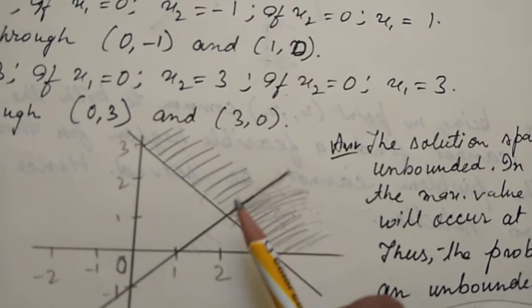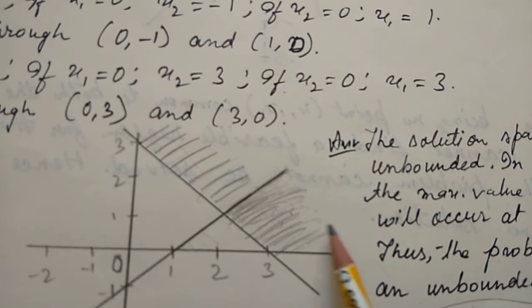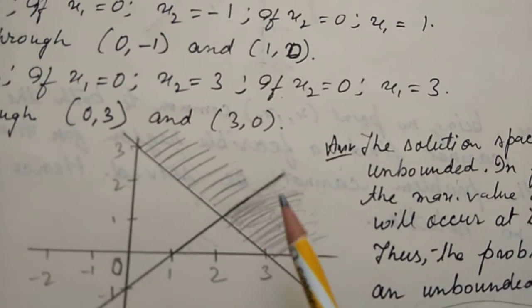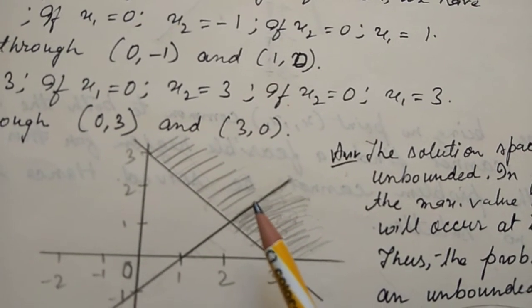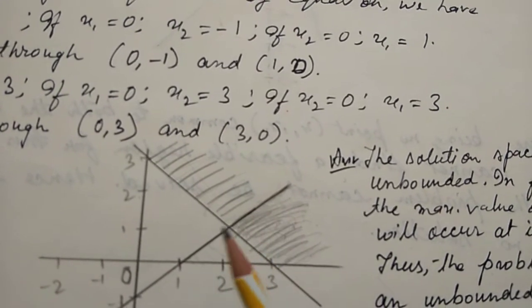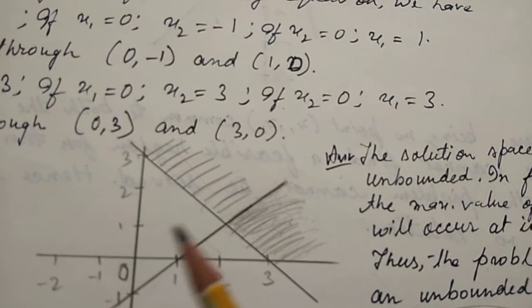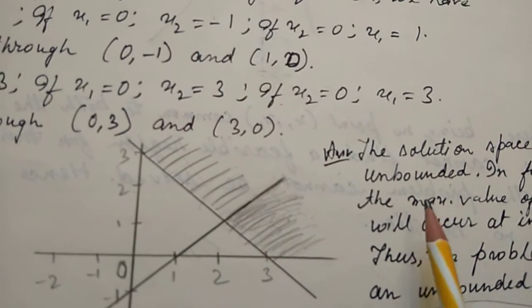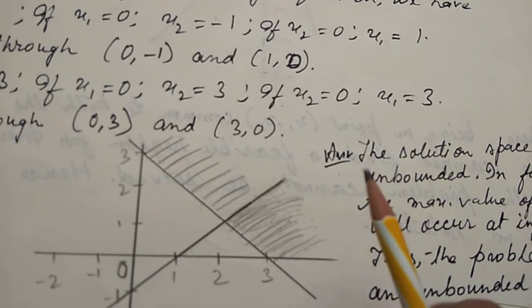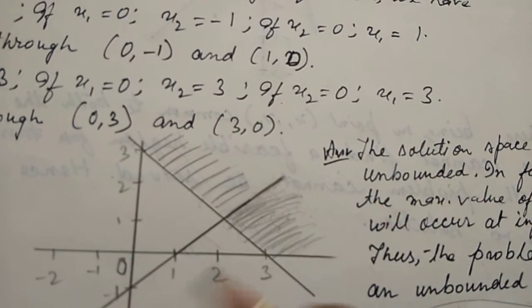So, we cannot bound the region, we cannot make a boundary. That is why it is called that this problem has an unbounded solution, alright. So, this is another type. First one was there are infinite number of optimum solutions. Second one just now we did, it is having unbounded solution, and now we will do the third one.